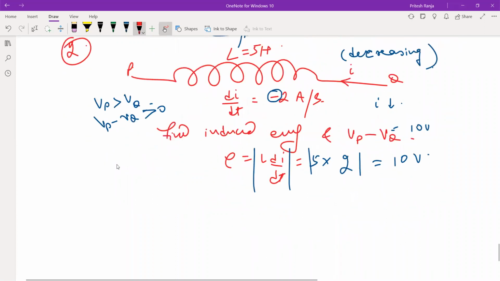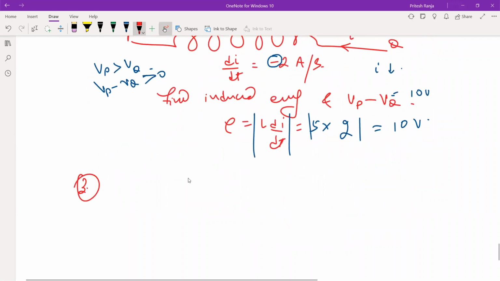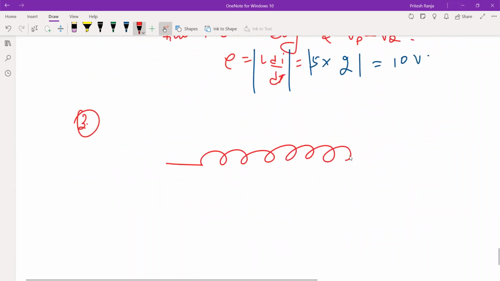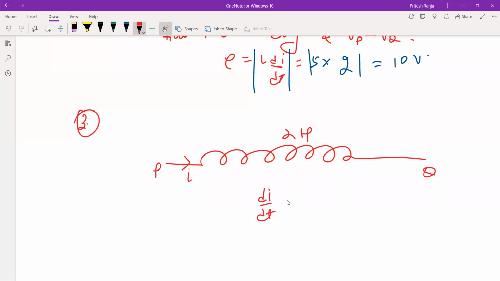Okay, let us see another one. Let's say we have the coil, same as here, this is P, this is Q. Let's say this is 2 Henry and di by dt is minus 2 amperes per second. And we have to find again Vp minus Vq.